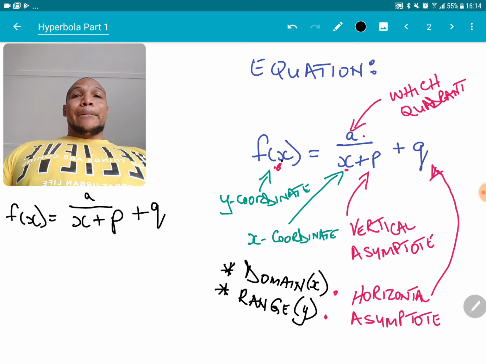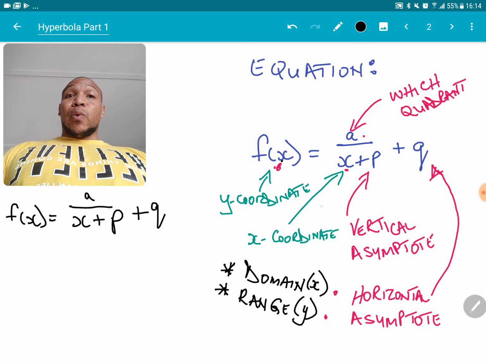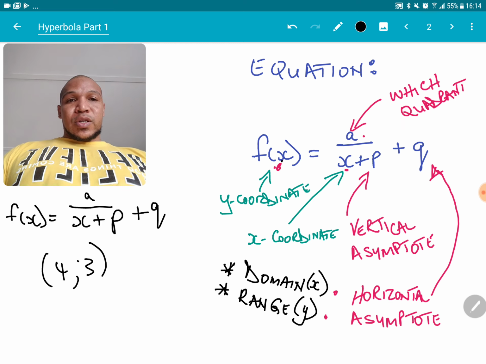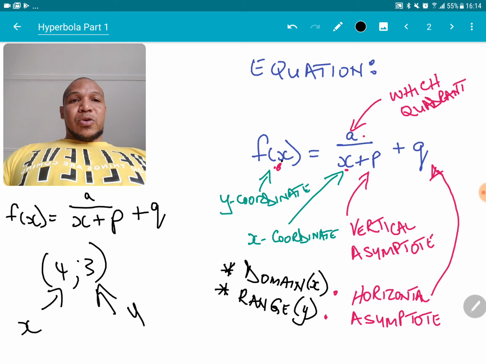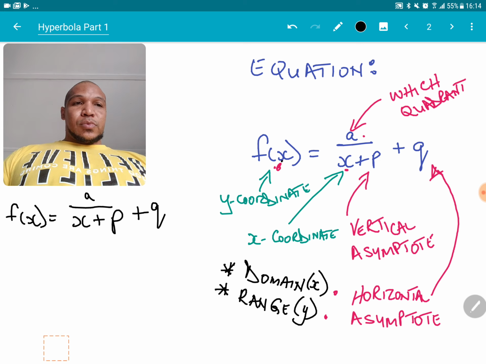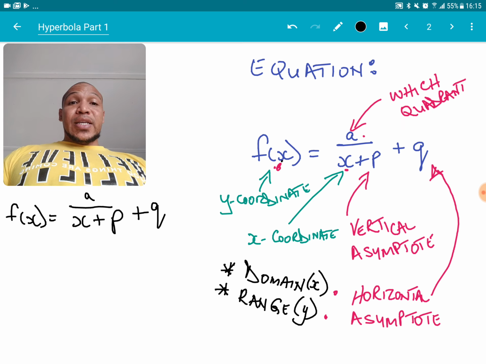X is the x coordinate of a point on the hyperbola, and f of x would be the corresponding y coordinate. So it will basically be this, 4, 3, that's a point. That will be x, and that will be y, or f of x. P will be the vertical asymptote.